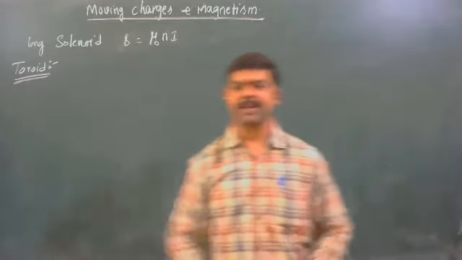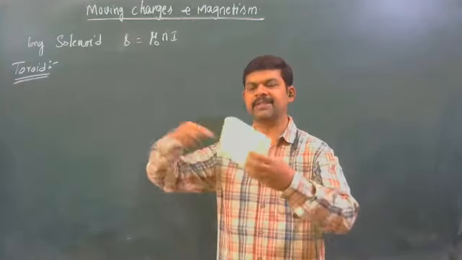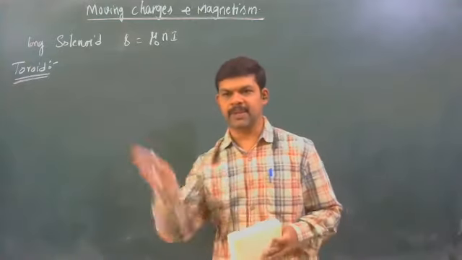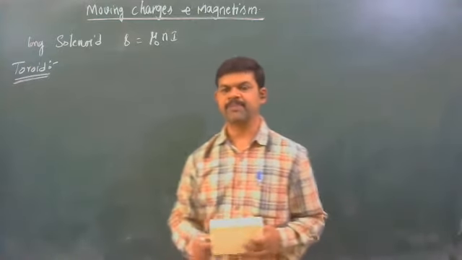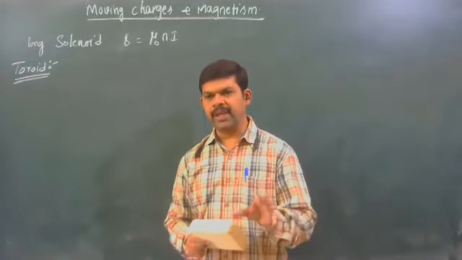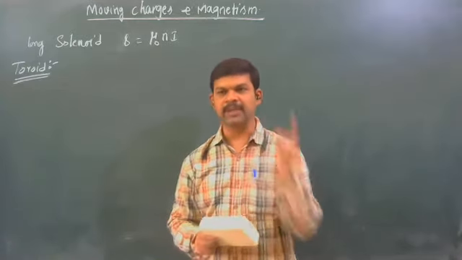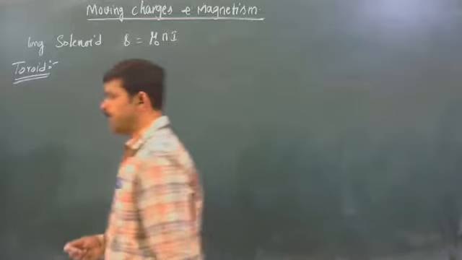Yesterday we discussed solenoid. Solenoid is just a continuous turnings of a coil without any gap between them. Toroid is simply, if you turn the solenoid like a loop, it becomes a toroid, a circle.